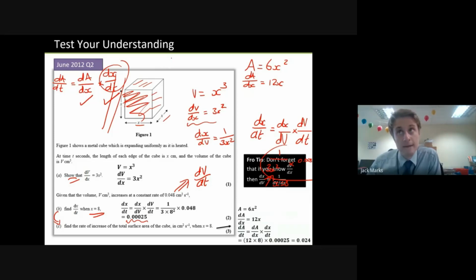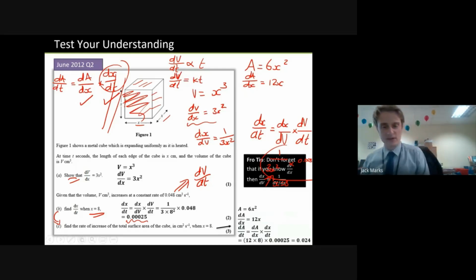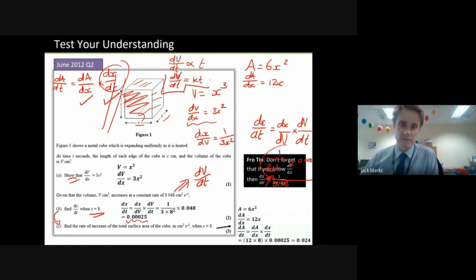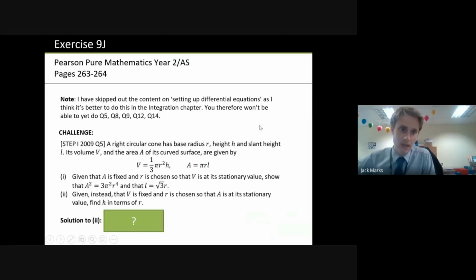So we might say something like the rate of change of volume is proportional to, let's say something like t. And you might remember from your GCSE knowledge that you can do something like this. Okay, so the only thing that you haven't seen so far that you might see a little bit more in integration is statements about proportionality may turn into equations as well.